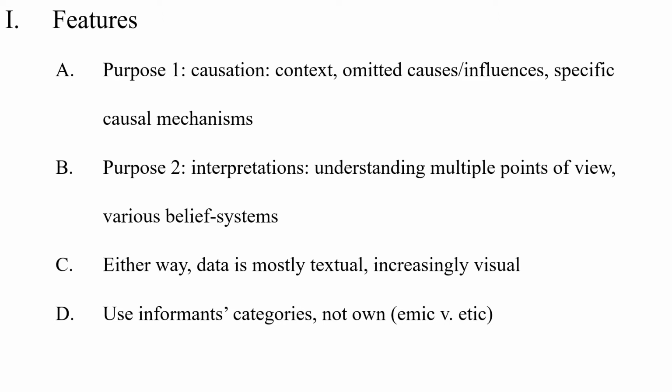Also, omitted causes or influences, formerly called omitted variables: the third criterion of asserting something causes an effect is making sure you don't have spurious correlations.